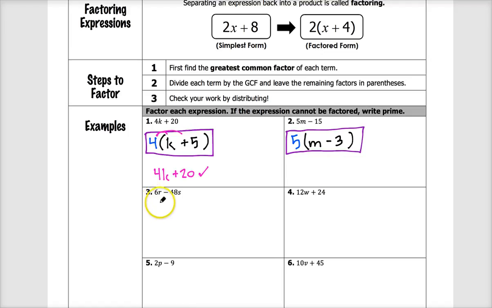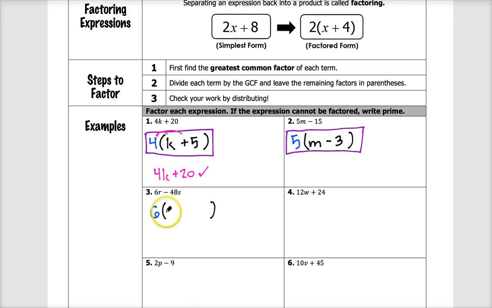Number 3, 6r minus 48s. Okay, when there's more than one variable involved, you still do the process the same. We just look at the coefficients, 6 and 48, and we think, what's the GCF of 6 and 48? Well, the GCF of those two is 6, so 6 goes on the outside of our parentheses.